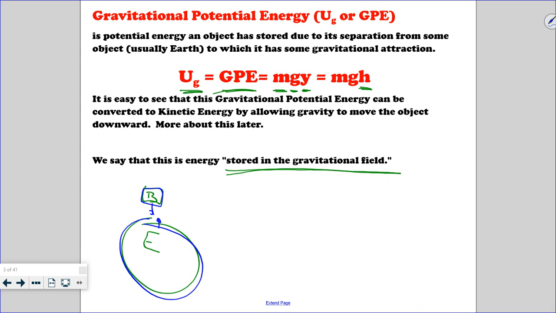So the energy isn't necessarily the gummy bears', it's not necessarily the Earth's, it belongs to the gummy bear Earth system, which creates a field, okay? If that didn't make sense, it honestly is not going to be that big of a deal until you get to electric fields. You will learn about that in physics 2.